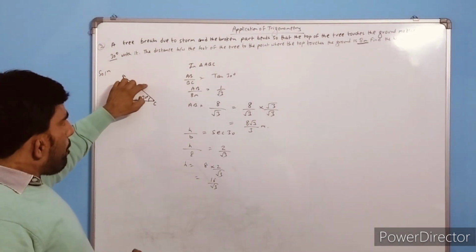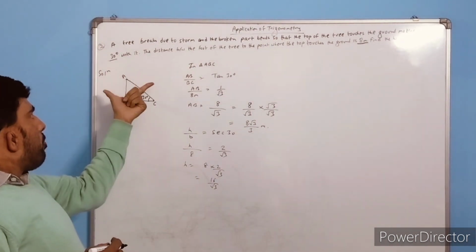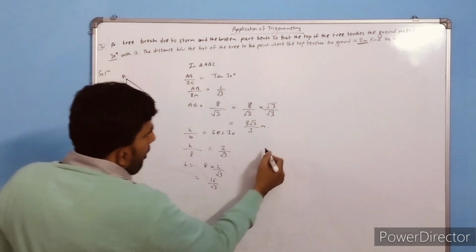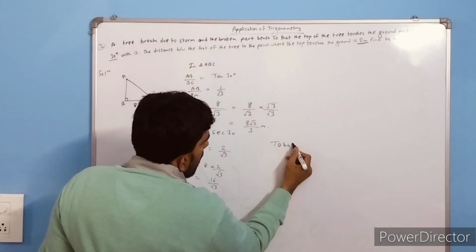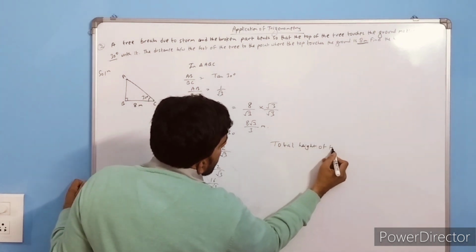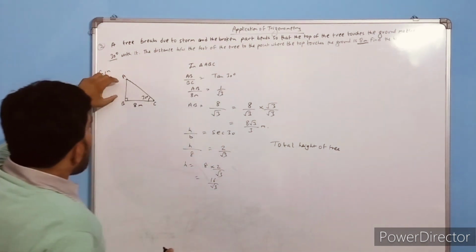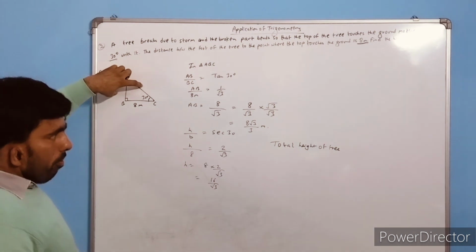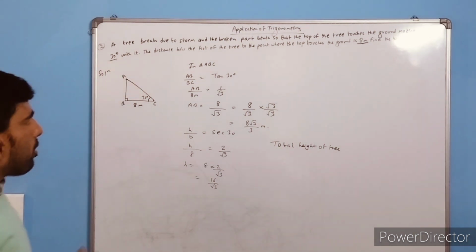Now this I find. Now see, we need to find the total height of the tree. Okay. So how to find the total height? Total height of the tree, because they are asking the height of the tree. So the tree's broken part plus this part. So we will add both. So we will easily find the height of the tree.